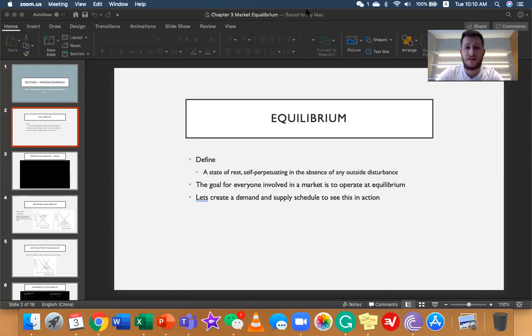So let's quickly take a look at something. Let me bring up the whiteboard here. Let's quickly take a look at a demand and supply schedule so that you can remember how to do this.